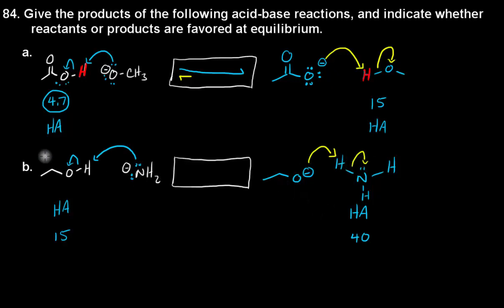So that's breaking the bond. And so that would reform the methanol and the amide. Okay? And so now, again, going with the mantra that the equilibrium is going to favor the weaker acid, the weaker acid's on the right. So in this case, the equilibrium will favor the compound on the right, or the ammonia as the protonated form. Okay? I'm sorry, yeah, it's going to go farther to the right.